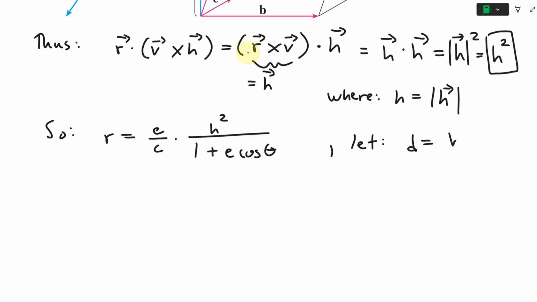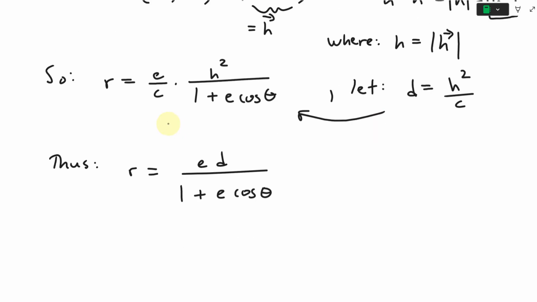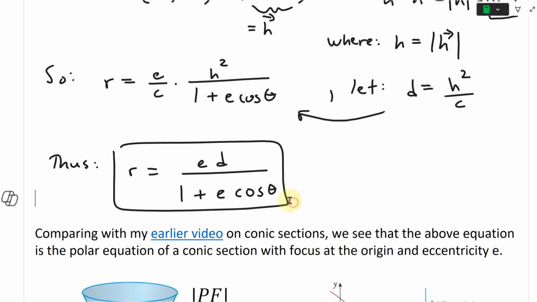So this is going to be H squared over C. So throw that inside, we're going to get, thus, finally, R is equal to ED divided by 1 plus E cosine theta. So basically the length from the planet to the sun is equal to E times D divided by 1 plus E cosine theta in polar coordinates. And then this is just an equation of an ellipse. All right, so that's what we have.